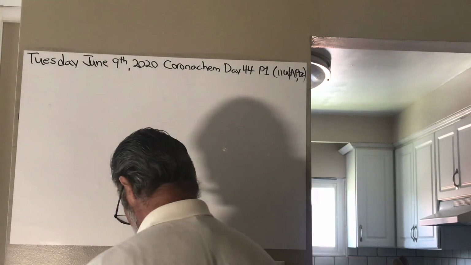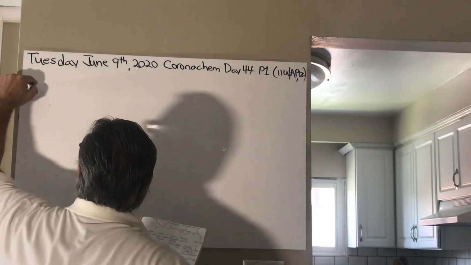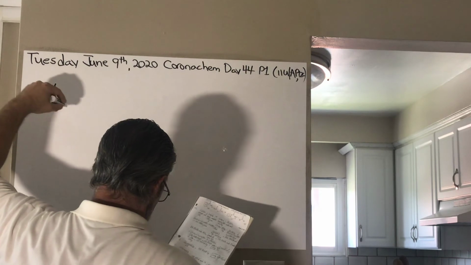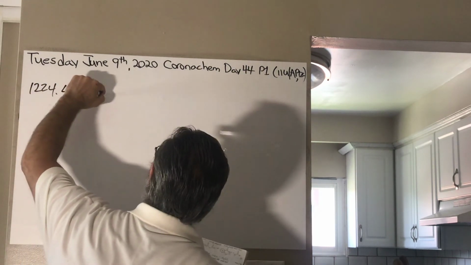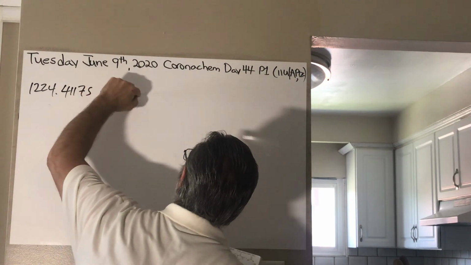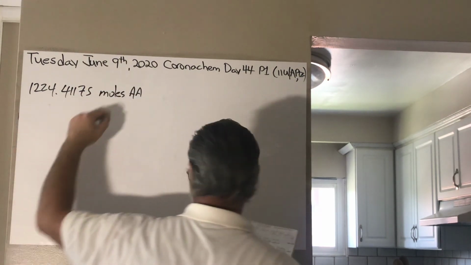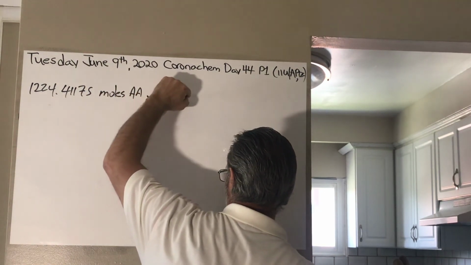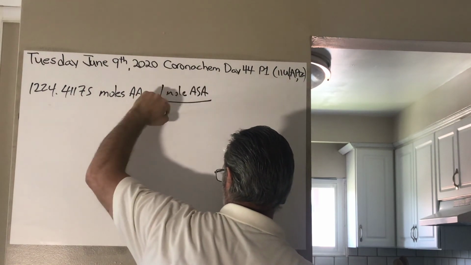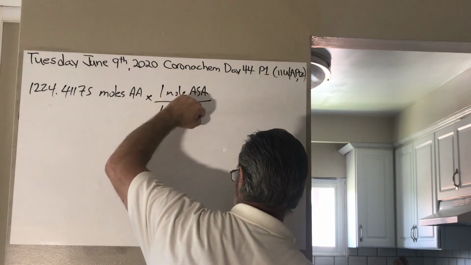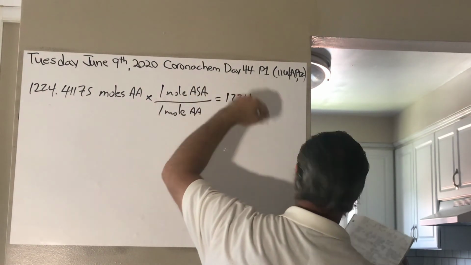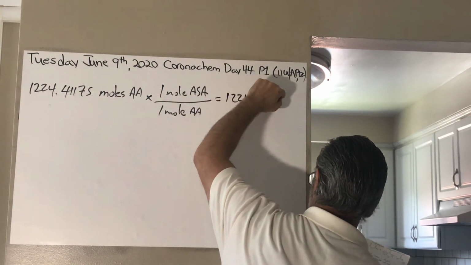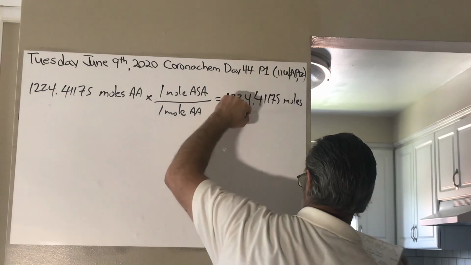So we had 1,224.41175 moles of AA. That's our limiting reactant, and we know that the ratio is 1 mole of ASA produced for every 1 mole of AA reacted. So we're going to get 1,224.41175 moles of ASA.